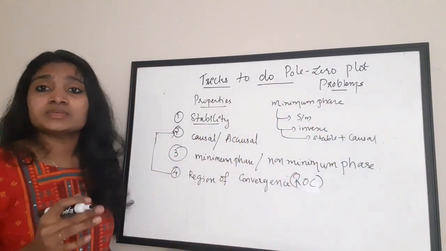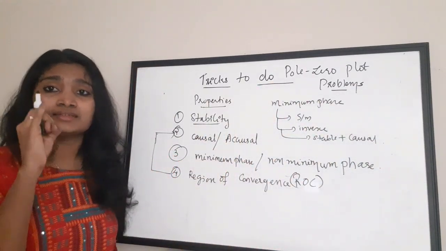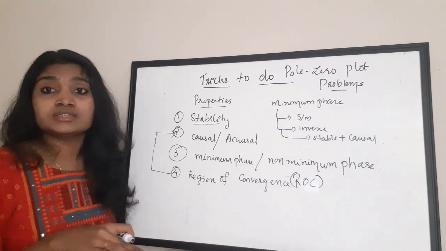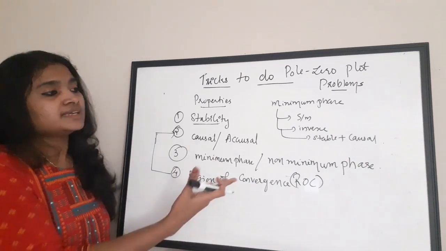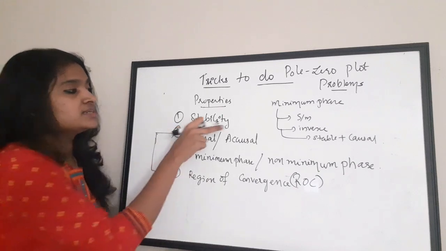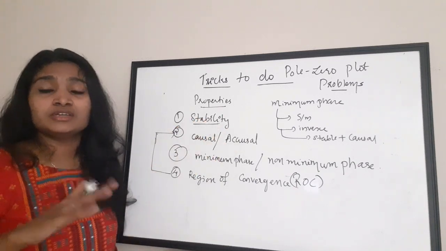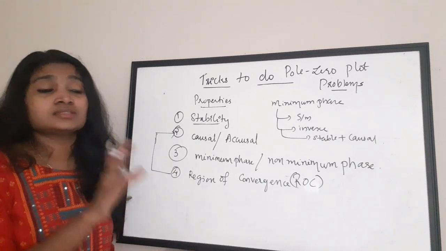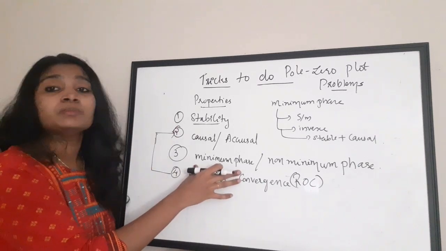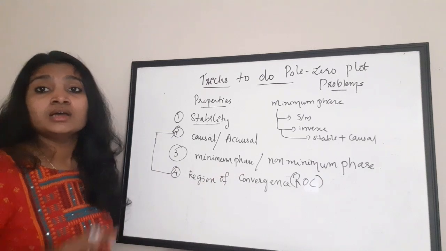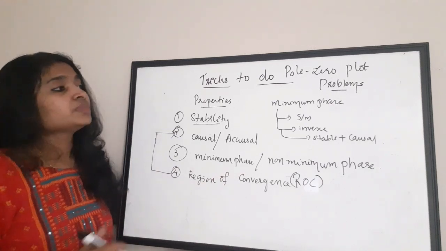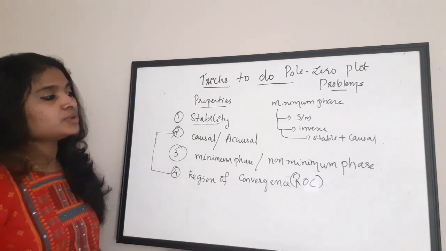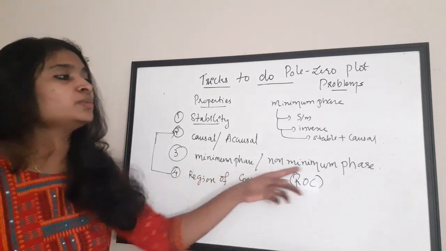We have already discussed stability and causality. So if both the conditions are satisfied by the system and its inverse, then it is minimum phase. Otherwise, we say it is non-minimum phase.